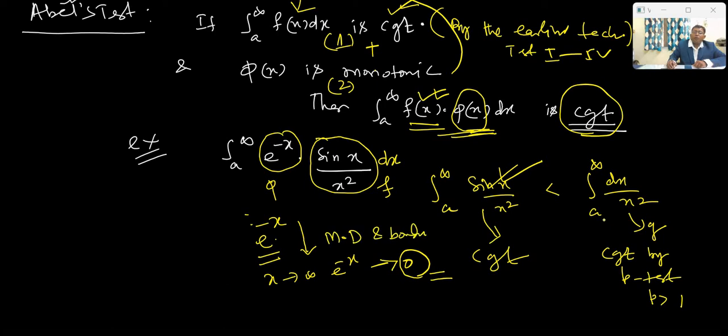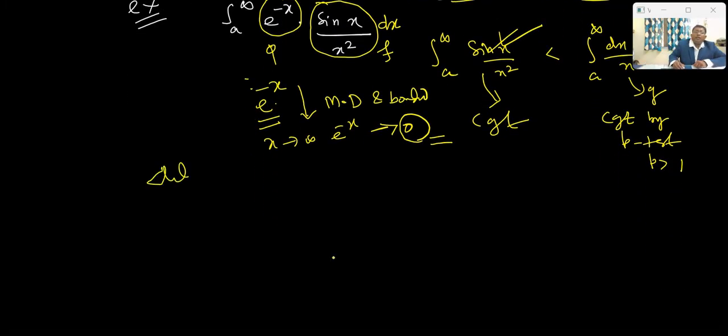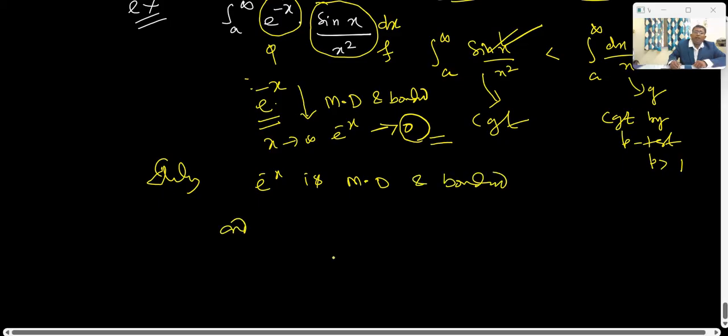You should write it clearly: e to the power minus x is monotonically decreasing and bounded, and the integral from a to infinity of sin x by x square dx is convergent.